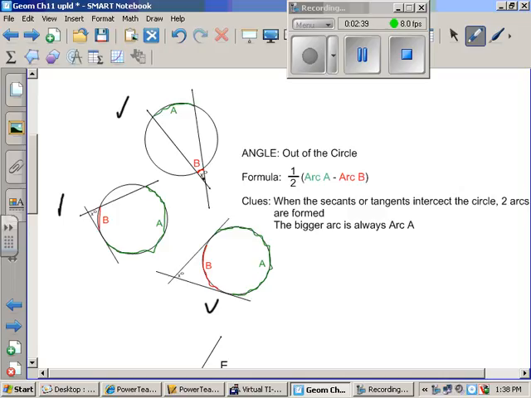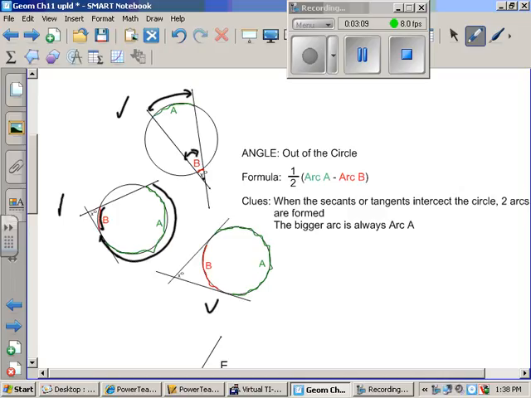When you've got two secants, you see the two arcs that are cut apart are here and this little one here. So it would be arc A minus arc B divided by 2. For a secant and a tangent, your arc A goes from the top of this arc all the way to the tangent point over here. That's A, and then B is the rest.